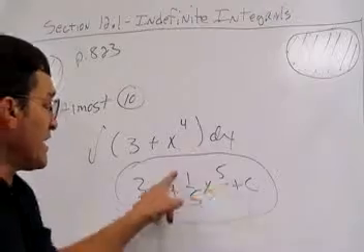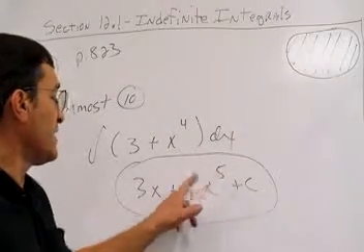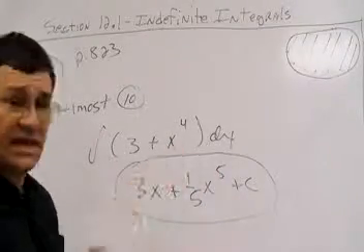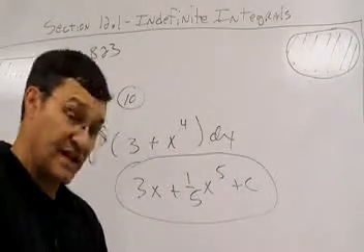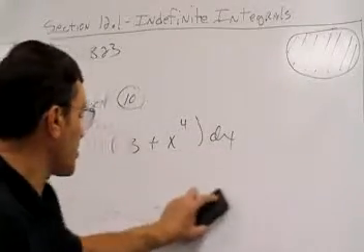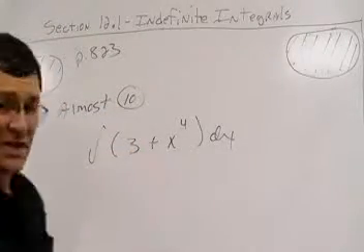If I took 1/5 x to the 5th and took the derivative of that, 5 times 1/5 times x to the 4th, and simplify to x to the 4th, and that's what you would get. So you need to try some of the homework problems that look similar to problem 10 and try this.